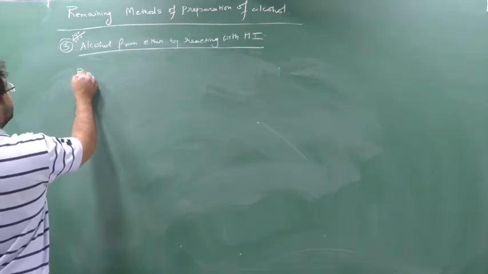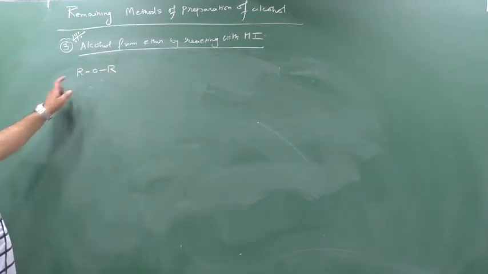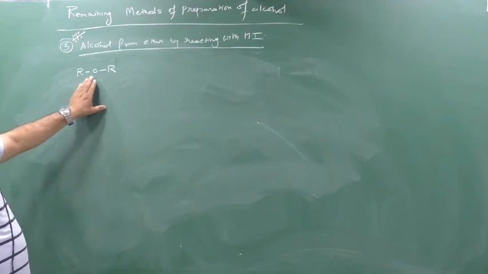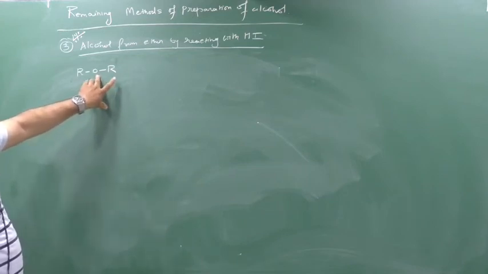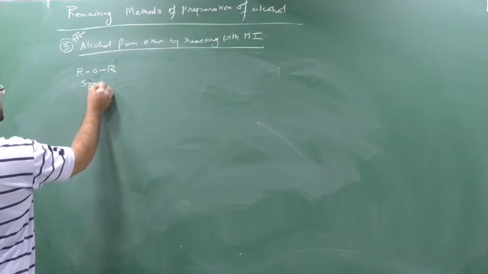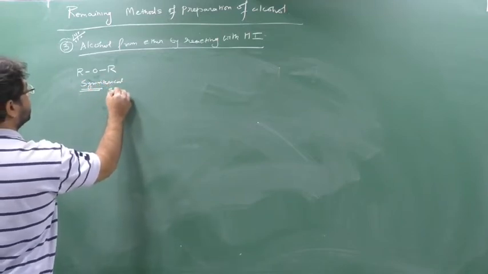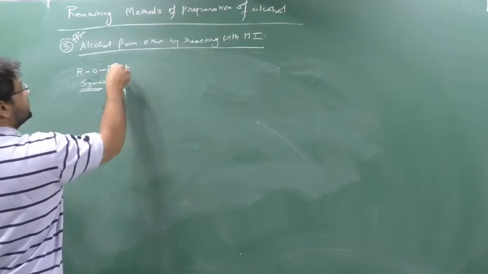Suppose I am taking ether, ROR. See, I am not putting here R dash. ROR indicates the alkyl groups around the oxygen are the same. So this is what kind of ether? Symmetrical ether. Okay? So same point comes here, HI.